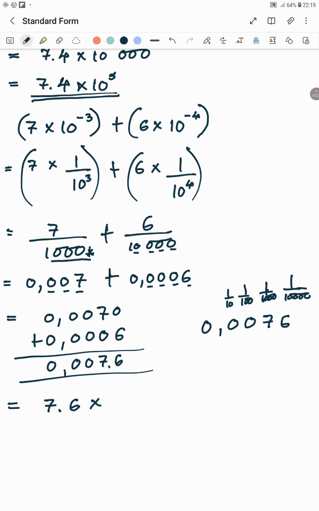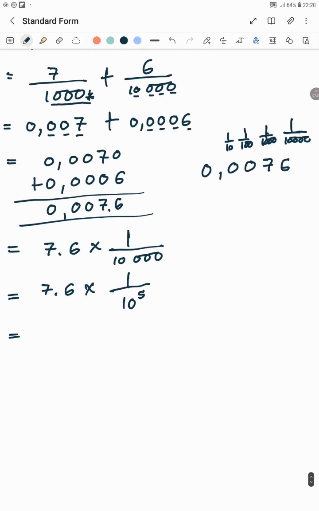So what it means is you're multiplying this one by 1 over 10,000, which is the place value of that 6. So you say 7,6 times 1 over 10 to the power 5, and if you find the reciprocal of 1 over 10 to the power 5, your answer becomes 7,6 times 10 to the power minus 5.